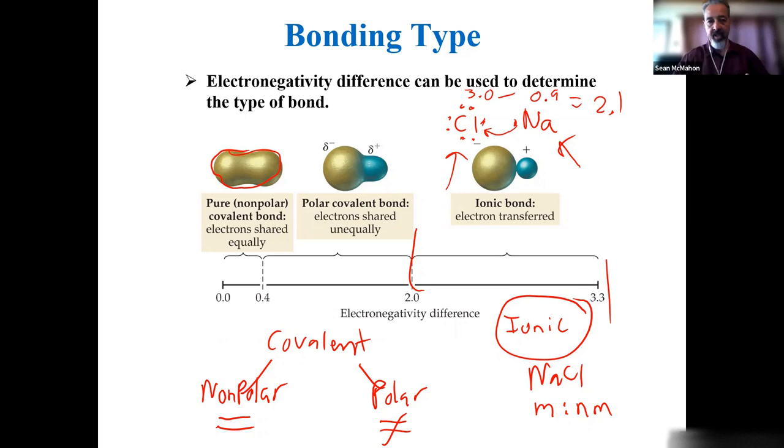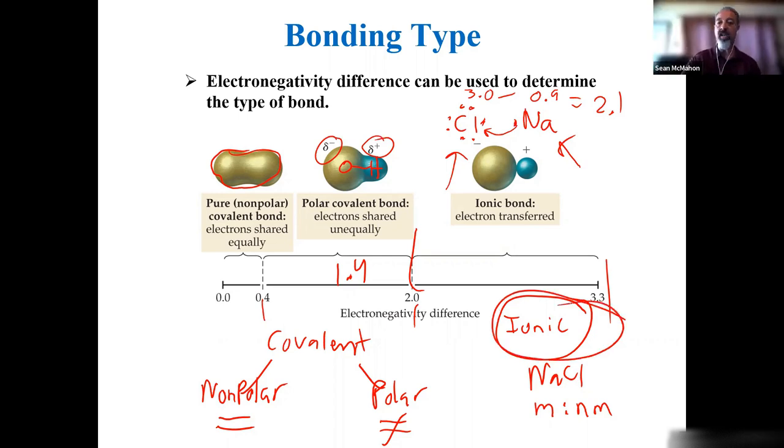One's pulling more than the other. That was the example where I had the oxygen bound to the hydrogen, creating this partial positive, partial negative. The electronegativity difference for that was a 1.4. It falls between 0.4 and 2.0.